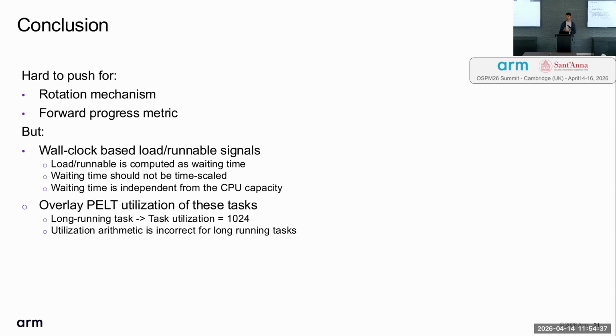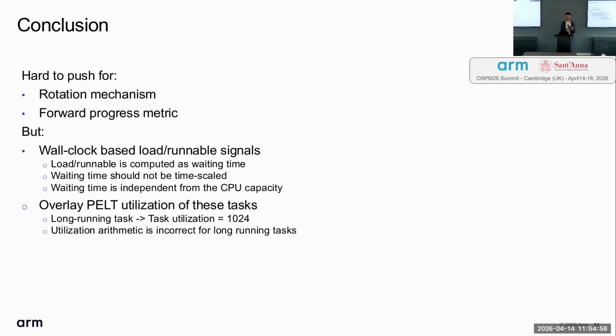For instance, right now we only have PELT, and for long running tasks, PELT utilization values are a bit meaningless. So we are doing arithmetic on values which are meaningless after some time.